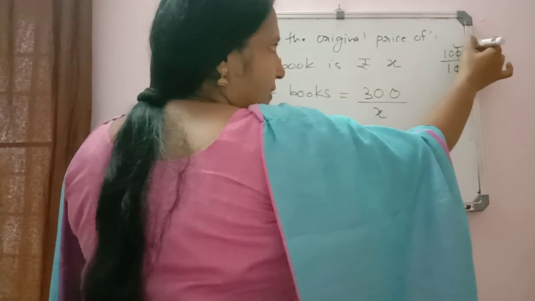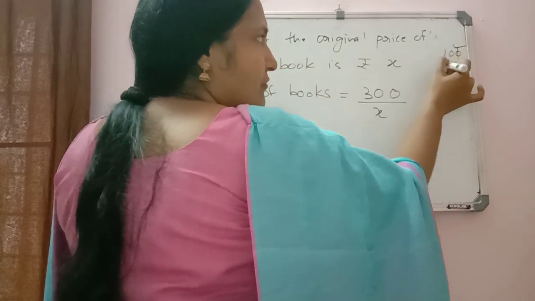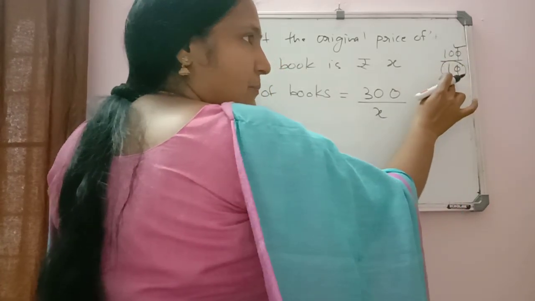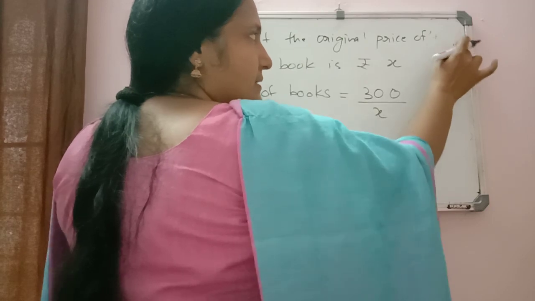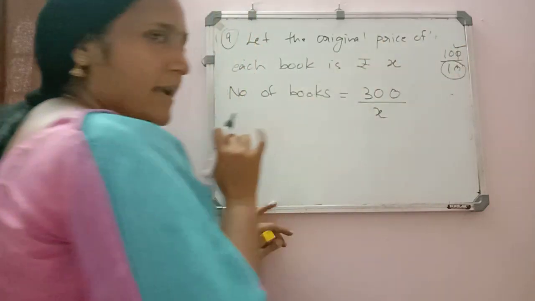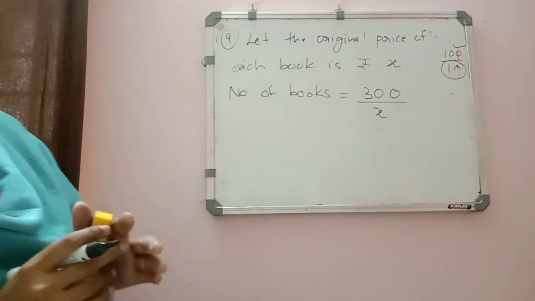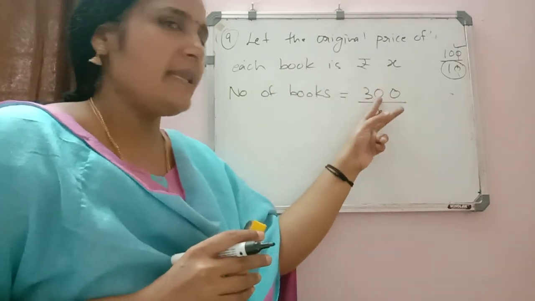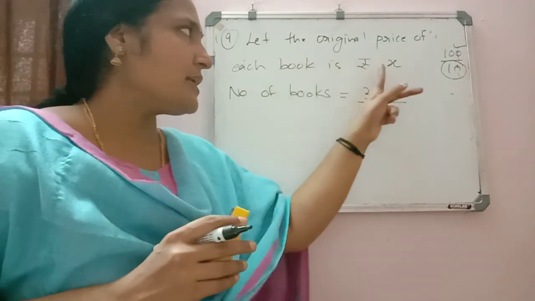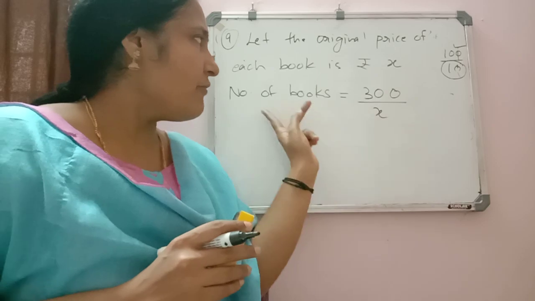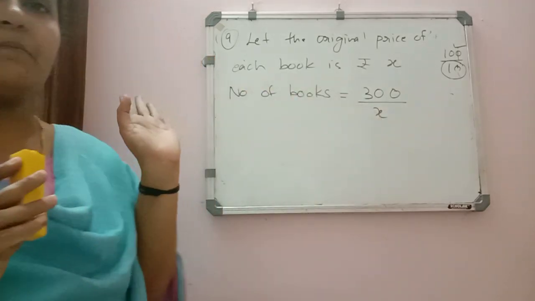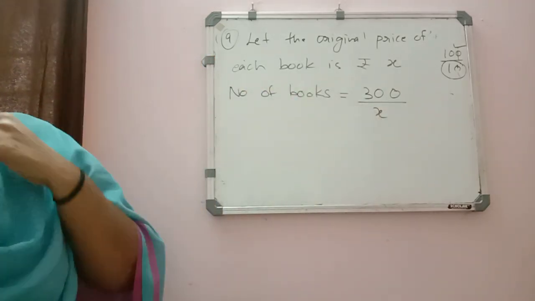With 300 rupees in hand and the cost of each book X rupees, the number of books will be equal to 300 by X.